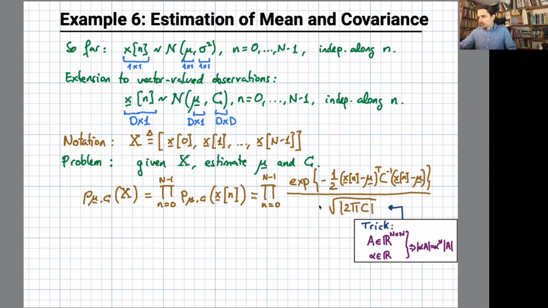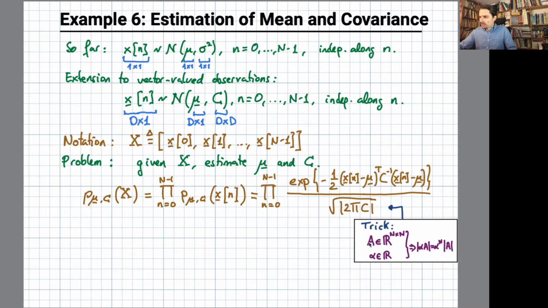Then it has to be raised to the power of D divided by 2, right? However, I prefer to write the 2 pi inside the determinant, because then I don't make mistakes with that exponent, right?